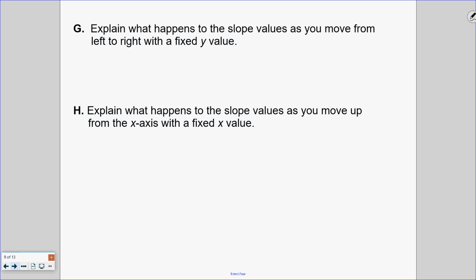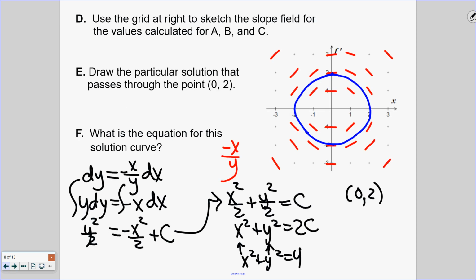All right, so what happens as we move to the left and right with a fixed y value if we're looking at this curve? As we went left and right on this curve with the y value fixed, in other words, you're on one of these horizontal lines, what was happening as you went left to right? Well, the slope was positive and really steep, and then it stayed positive but got less until it became 0 here in the middle, and then it was a negative slope, and then a steeper negative slope, and then more negative.